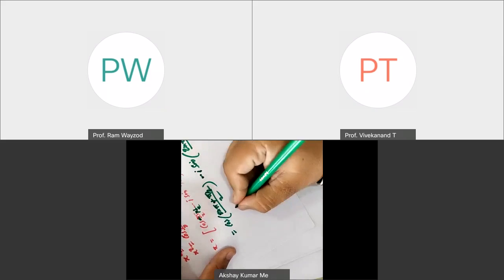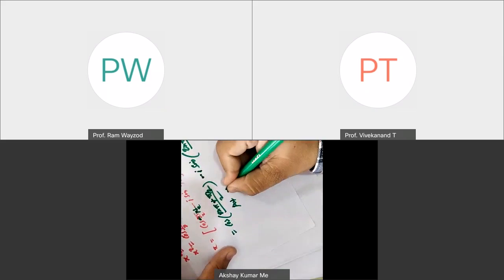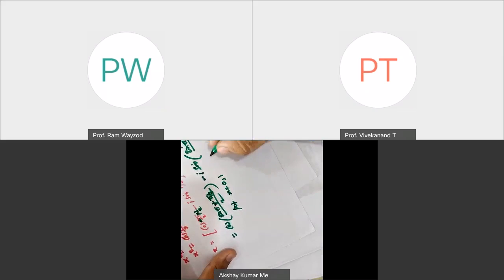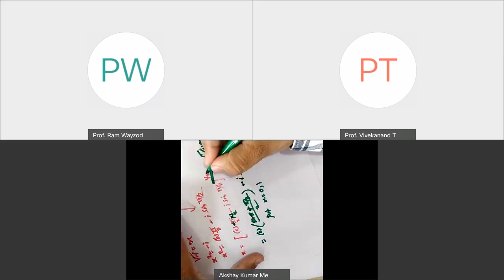Now we put x is equal to 0, 1. Why? Because the power is 1 by 2 and the denominator is 2. So 0 from here.